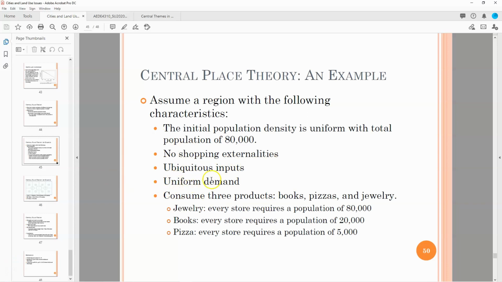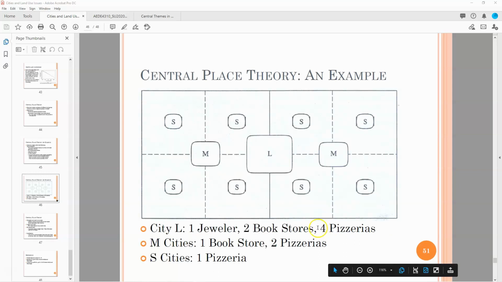There is uniform demand, and people just consume 3 products. First one is books, then pizza, and then jewelry. For jewelry, every store requires a population of 8,000, and for books, every store requires a population of 20,000. For pizza, every store requires a population of 5,000.